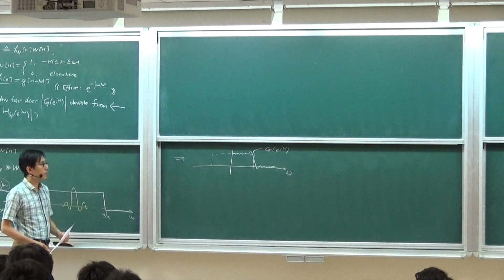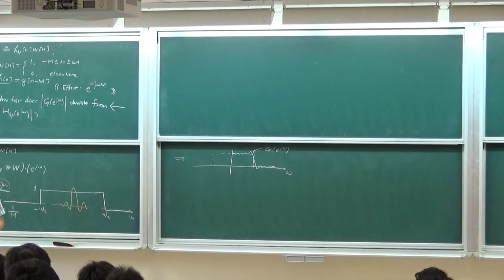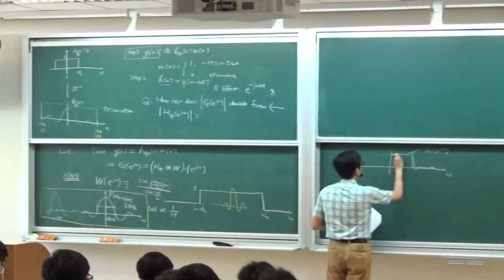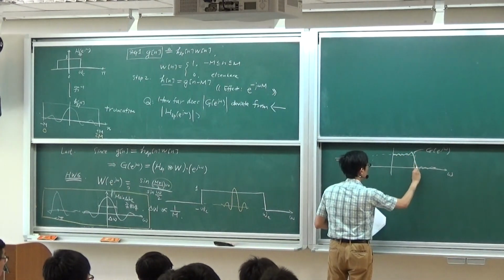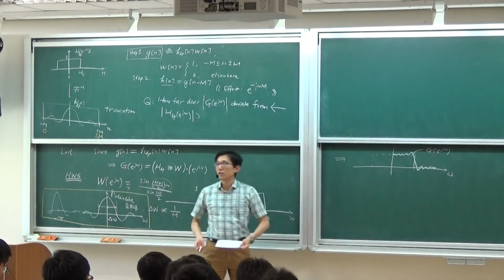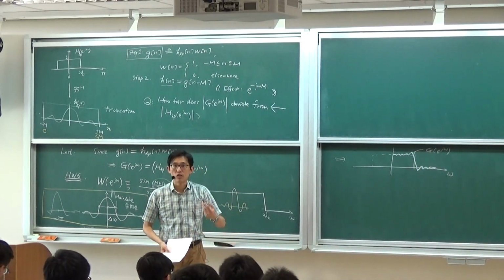Now the question, any comment? Let's come back to answer this question. How far does the result of our design differ from the ideal response? To answer that question, we may want to assign an objective function.